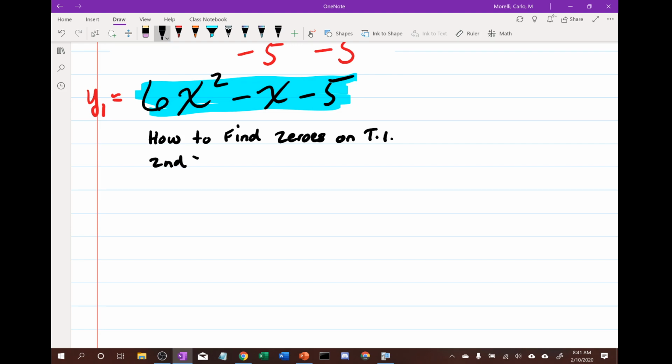Second, trace, 2, and then do left bound, right bound, and guess. Okay? It's easier than what it even looks like. Second trace 2, left bound, right bound, guess.